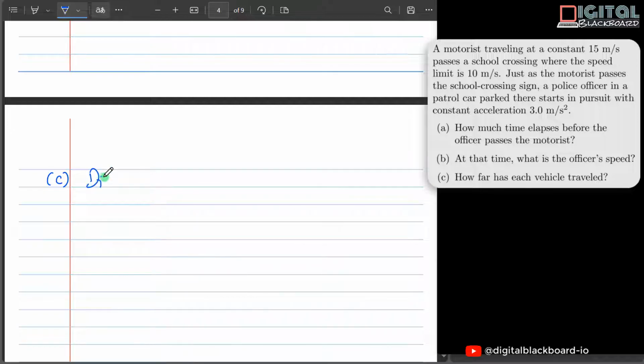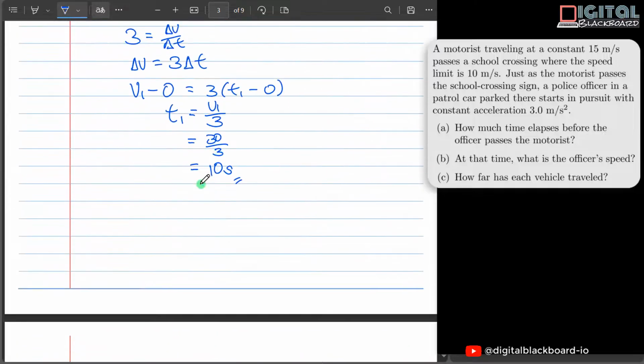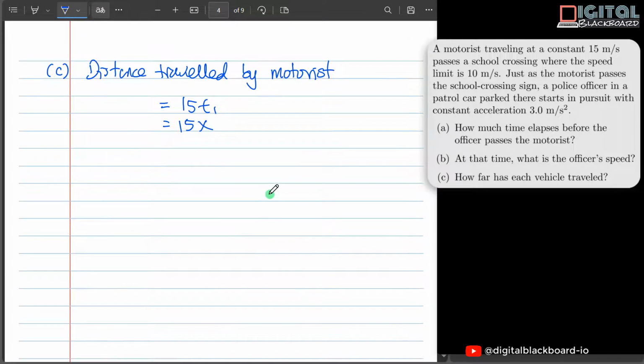The distance traveled by the motorist is just the area of the rectangle, given by 15 times t1. t1 has a value of 10 seconds, giving us 150 meters.